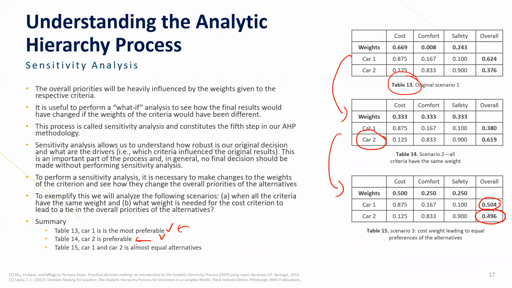But if you were willing to make the cost factor slightly less, only 50% of your judgment, it means that car 1 and car 2 have almost equal scores. Whether you buy car 1 or car 2 will be the same if you are willing to put less weight on cost.